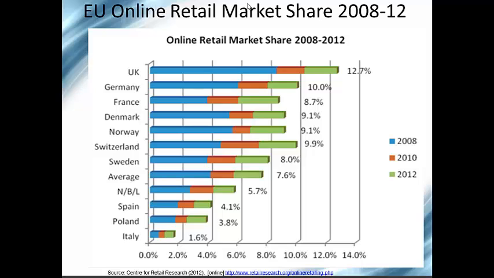Further down, you have Italy, Poland, and Spain, which aren't very big markets, but that doesn't mean they should be ignored, because all these markets are growing. But just keep in mind that if you are doing business with the EU, the UK, Germany, and France, in other words, most of Western Europe, is a much bigger market.